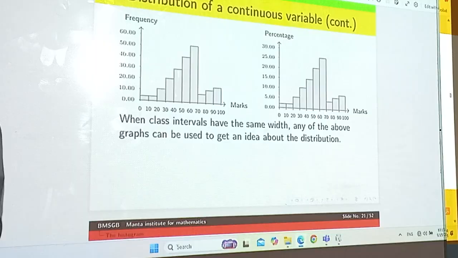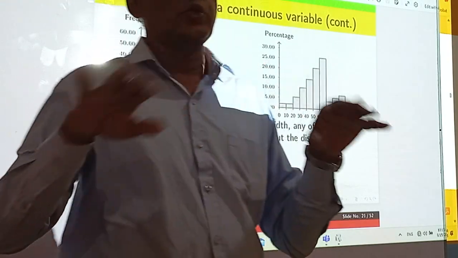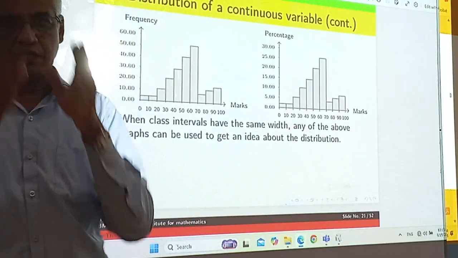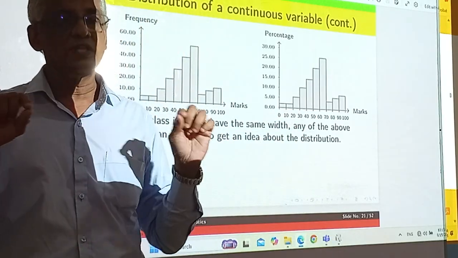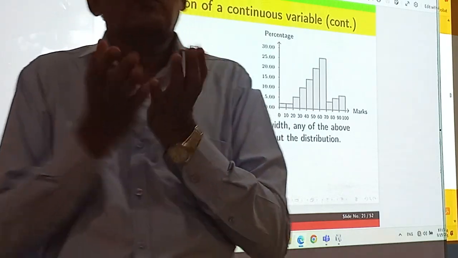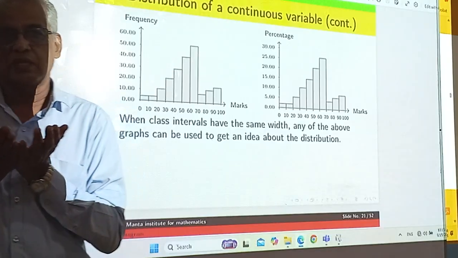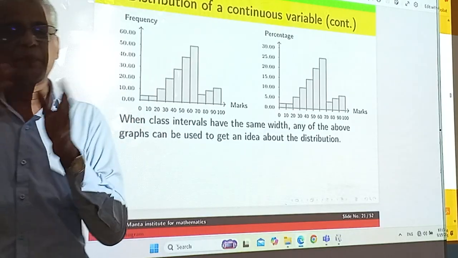Histogram is something like a bar chart, of course not a bar chart, because in a bar chart, usually the bars are separated. There are gaps definitely within a bar chart, especially to show the discreteness. Right? We usually use bar charts for qualitative variables. In that case, we have categories. Categories are completely separated.